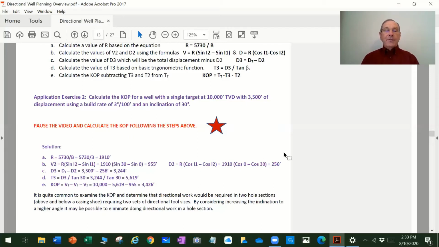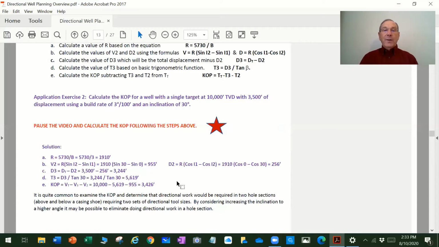Now, I've shown on the bottom that it's quite common to examine the kickoff point with different angles, for the reason that if I chose this angle and this build rate, it gives me a value of 3,426 feet.